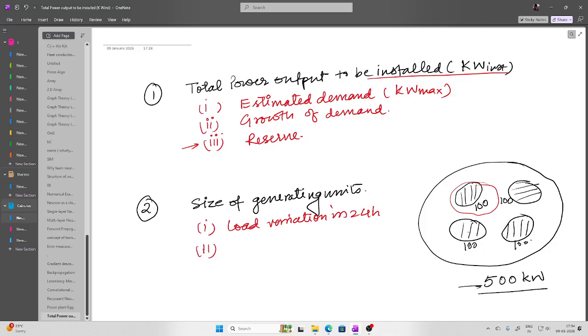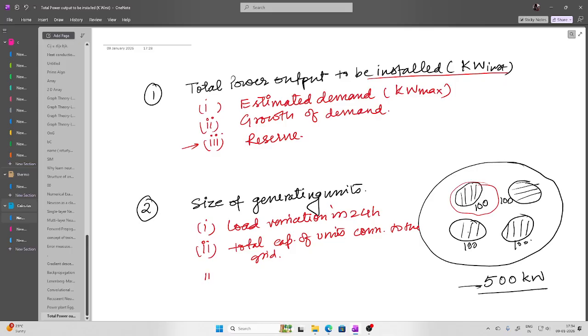Apart from this, the size of the generating unit is also decided by the total capacity of units connected to the grid. What is a grid? Grid can be thought of as a sink where every power plant dumps its power. So how many individual units are connected to that particular grid, based on that also the size of an individual unit is evaluated.